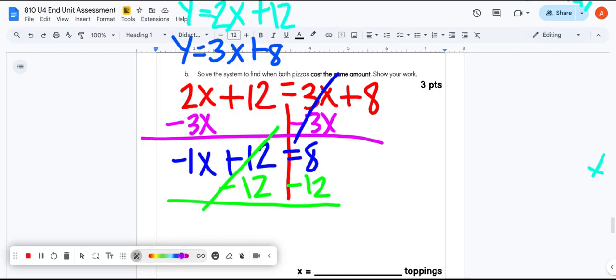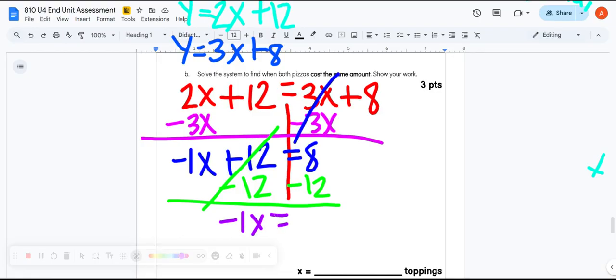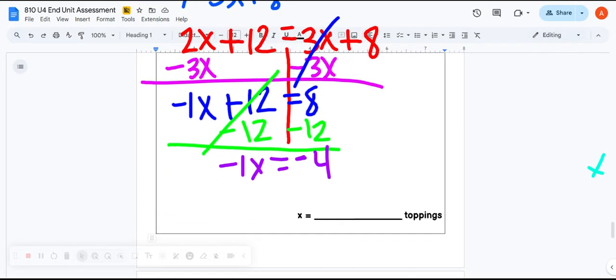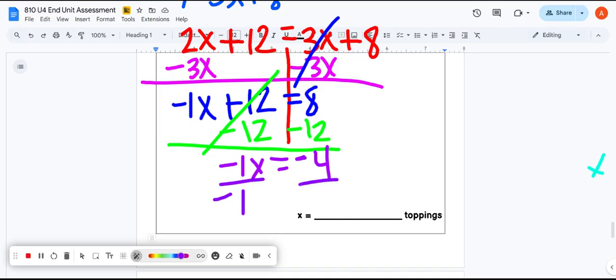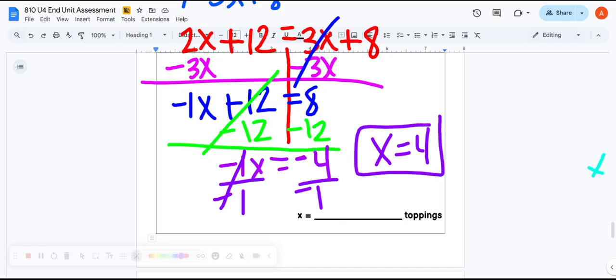Negative 1x equals negative 4. We divide by negative 1. Now we know x is equal to 4, which tells us that it takes 4 toppings for them to be paying the same amount at Tony's Pizza and Maria's Pizza.